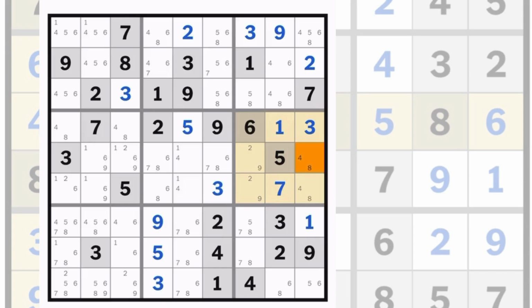and 8 is there, so we remove 4 from here. Similarly 8 is also here, so we remove 8 from here. So it will be 5, 6, 4, 8, correct. And since 8 is appearing in these 2, we can remove 8 from here.